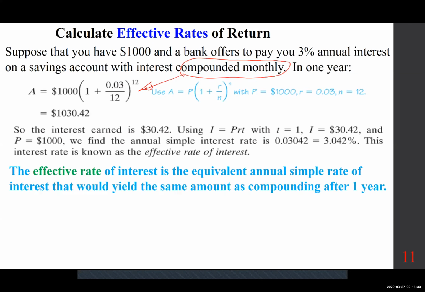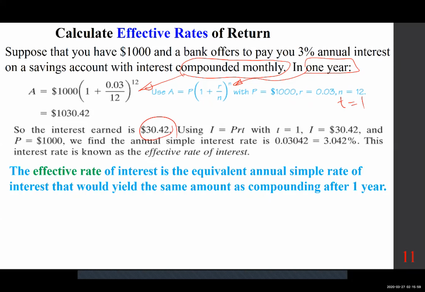So in 1 year, I want you to know why in this formula we don't see a T. It's N times T, so we should really add T equals 1. We plug into the calculator and end up with a number. So the interest is what's at top of $1,000.